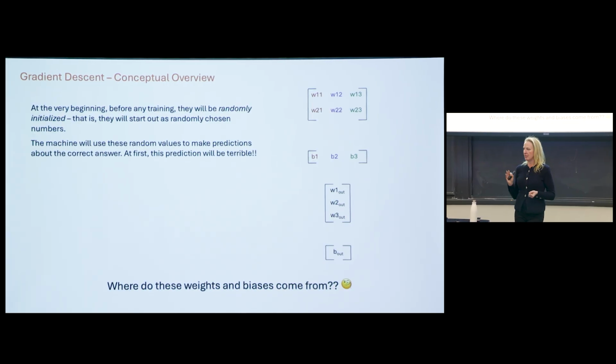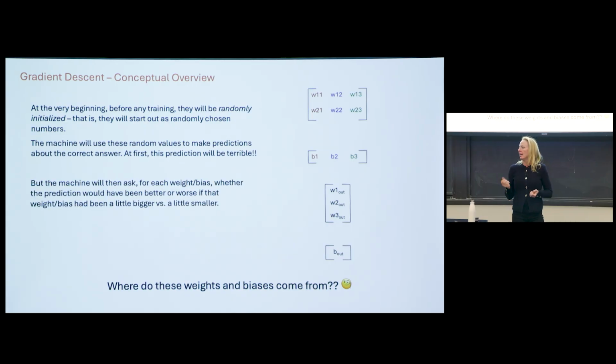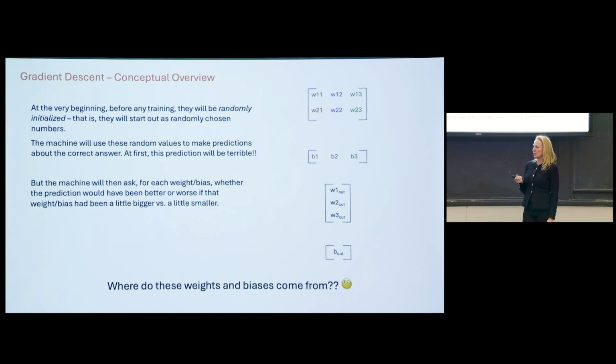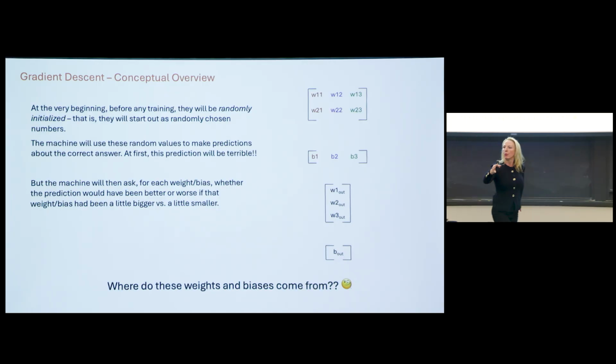Terrible predictions at first, that's fine. Then what's going to happen is that for each and every one of these weights and biases in the model, the machine is going to ask, okay, using this set of weights and biases that I have, I ran it forward and I made a prediction. I predicted that that was, let's say, a 7.